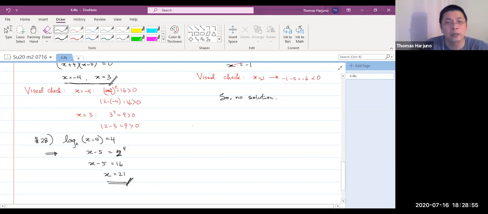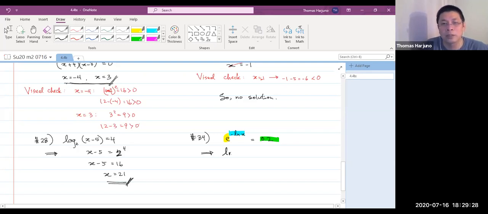Okay, let's see number 34. Number 34, we have e to the negative ln x equals 0.2. Then what I will do is, this is exponential form, right? Exponential form. This guy to this guy equals this guy. So I will change it into logarithmic form.